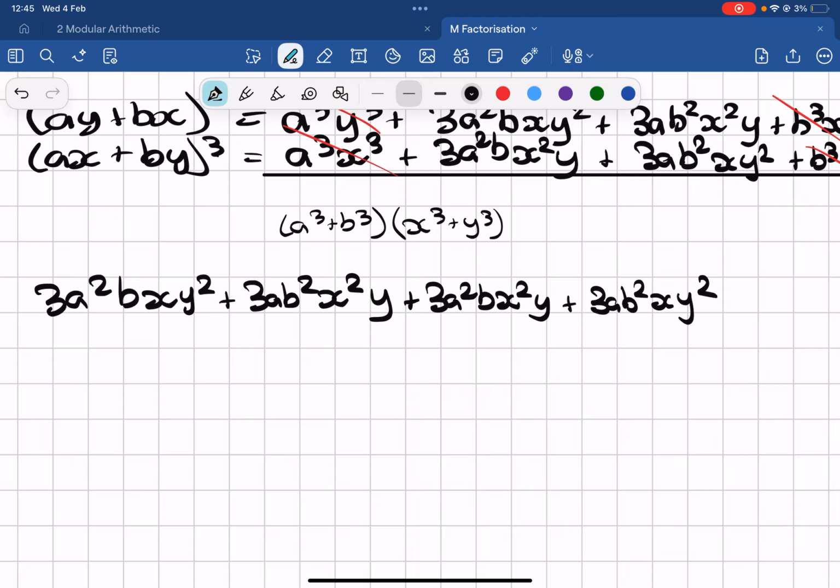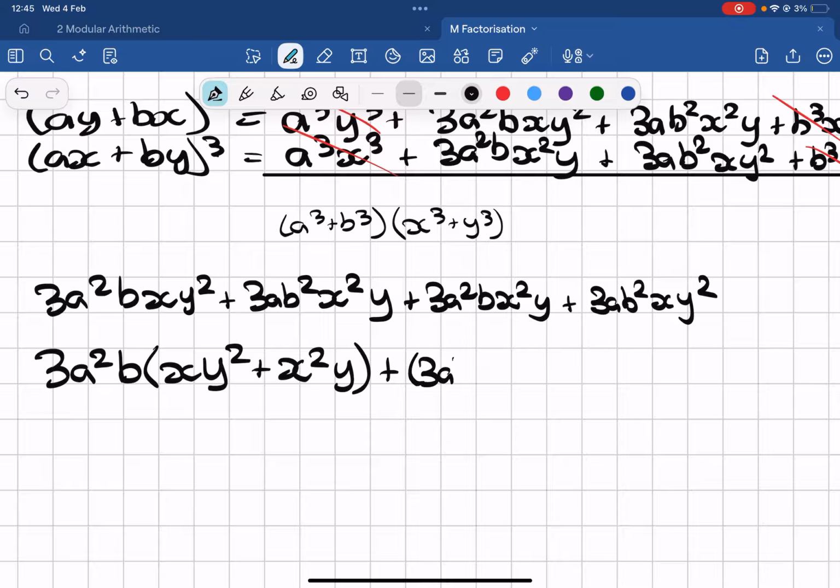Right, so let's take out 3a squared b from this term here and this term here: 3a squared b (x y squared plus x squared y), then plus 3ab squared from these two terms, so we're left with (x y squared plus x squared y).